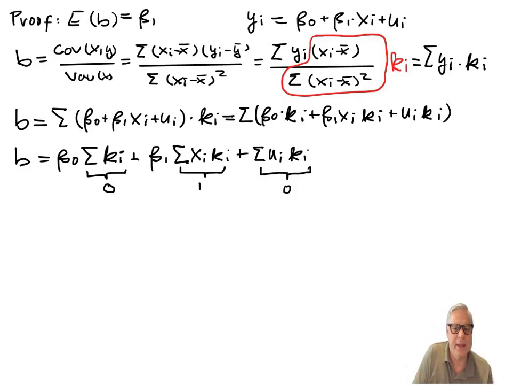So we also write that this term, the sum of ki times ui, is evaluated with the expected value of ui, and that is equal to 0. So this final term evaluates to 0.